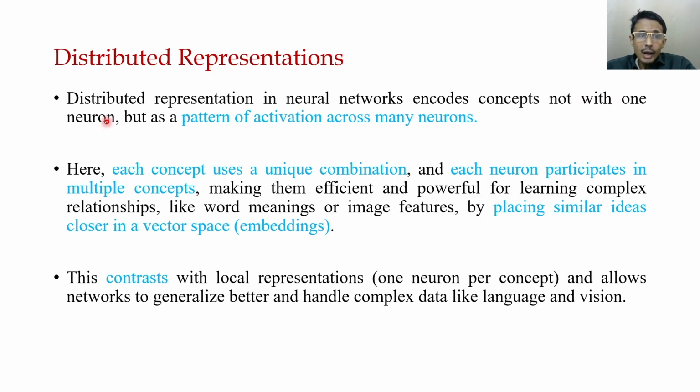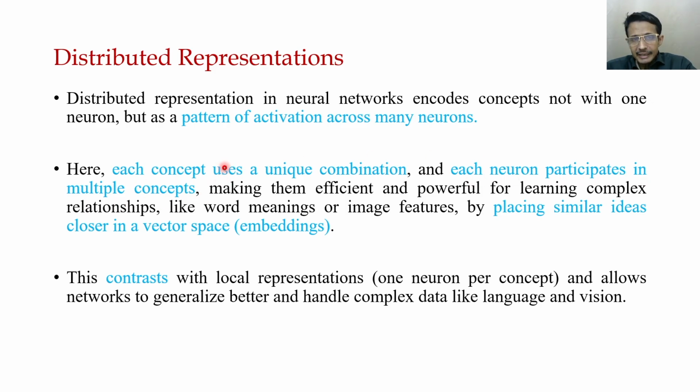It is not by one neuron, but as a pattern of activation across many neurons. So one pattern is done not by only one neuron, but by a combination. Each concept uses a unique combination, and each neuron participates in multiple concepts.